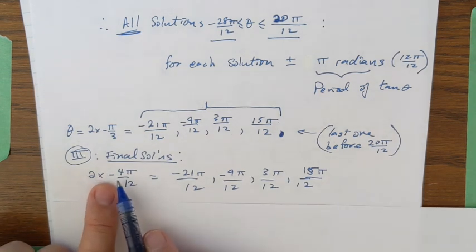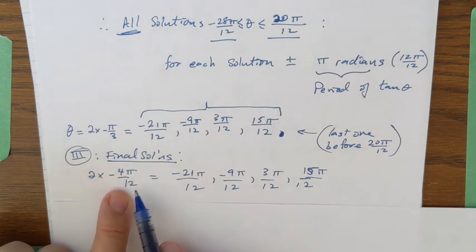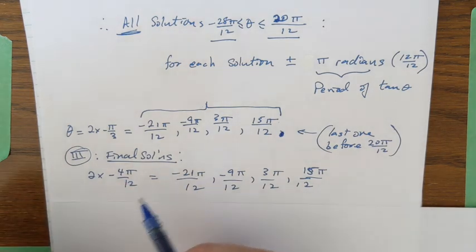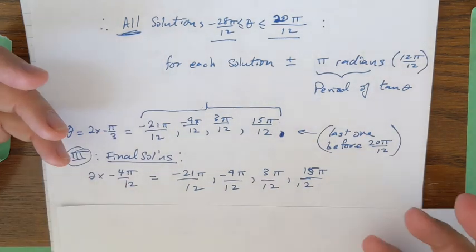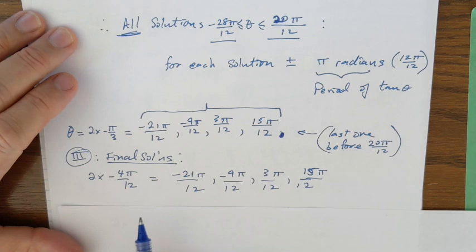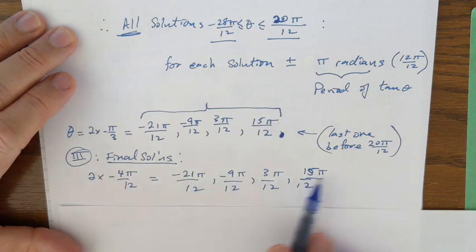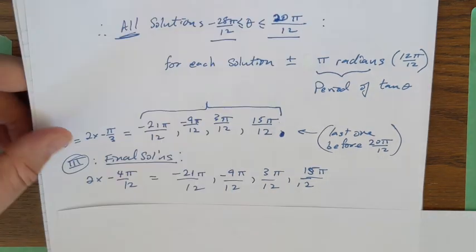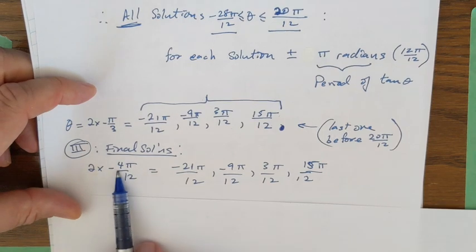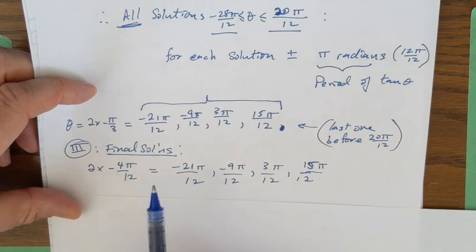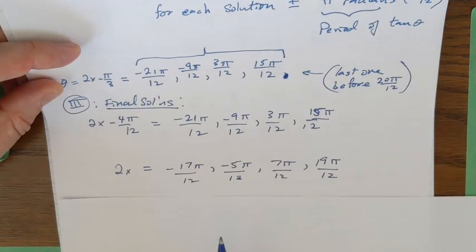That's the same as 2x minus 4 pi over 12 is equal to all of these things. Now I'm going to solve, just like you solve any other equation, except that there are 4 solutions instead of just one. The first thing I'm going to do is add 4 pi over 12 to all of these solutions.